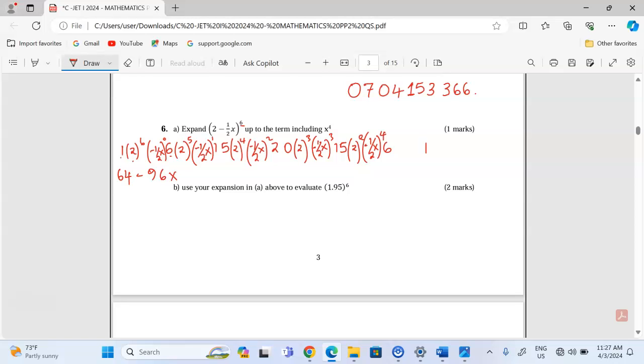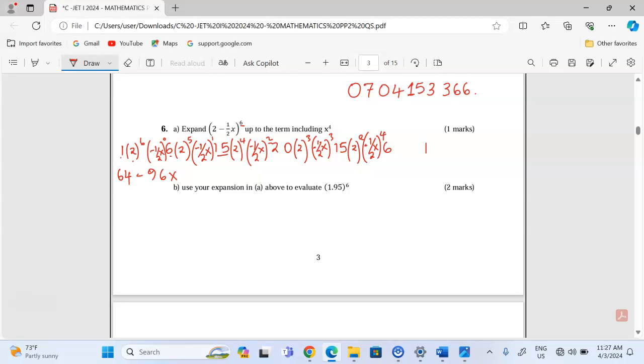Now the next term starts with a 15, and 2 power 4, which is a 16, multiplied by negative half x power 2. It should be understood that when we raise everything to power 2 or any other even power, the negative disappears, because negative half times negative half is positive a quarter, then x squared.